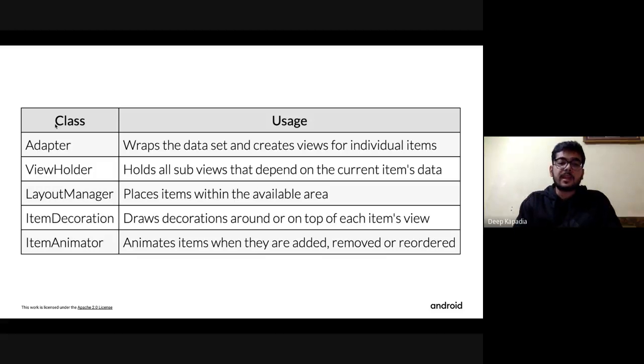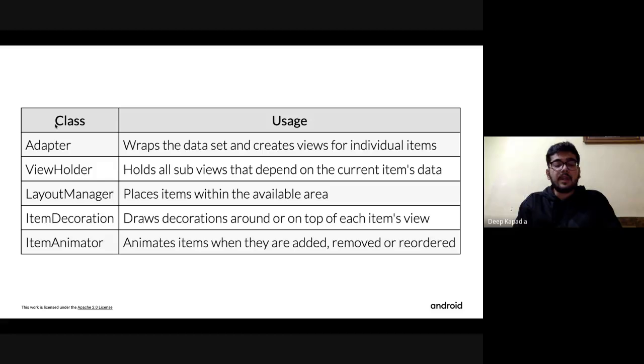First of all is the adapter. It wraps the data and creates the view for individual items. Then the view holder holds all sub views that depend on the current item's data. The layout manager places items within the available area, so if we need a linear layout, it implements that.